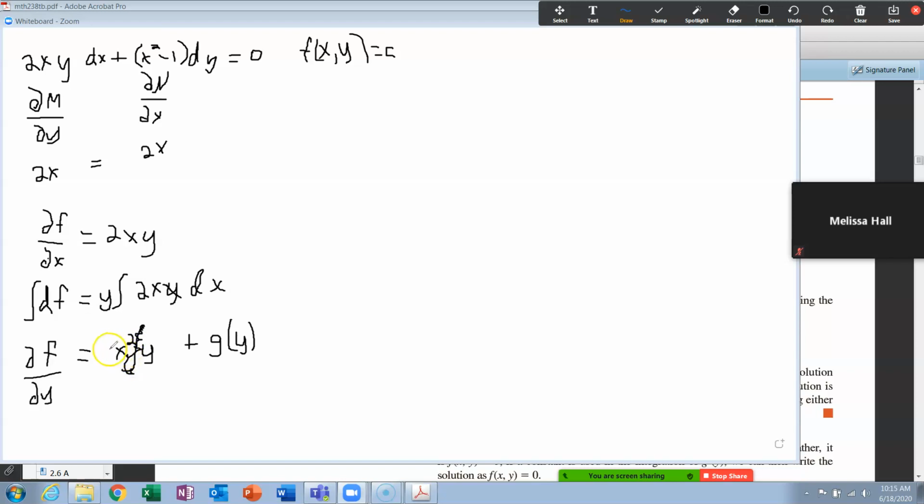We're taking the partial of this with respect to y, and we're taking the partial of this with respect to y, but this is only dependent on y, so this becomes g prime. We don't know what g is, we don't know what g prime is, but that's beside the point.